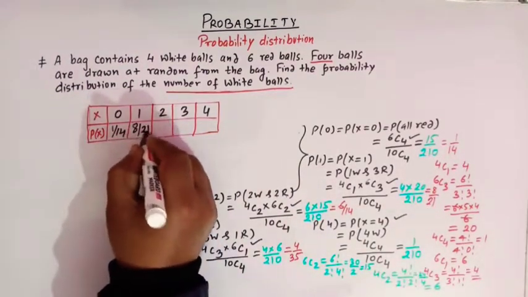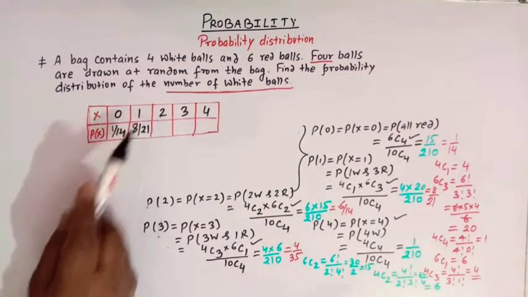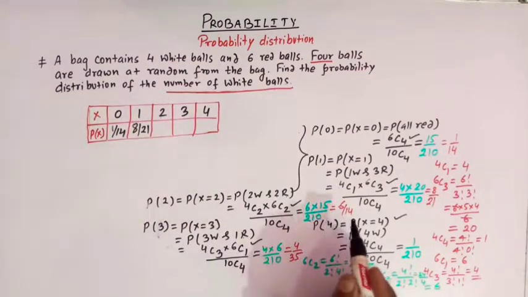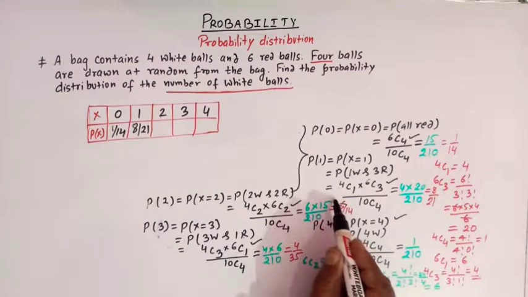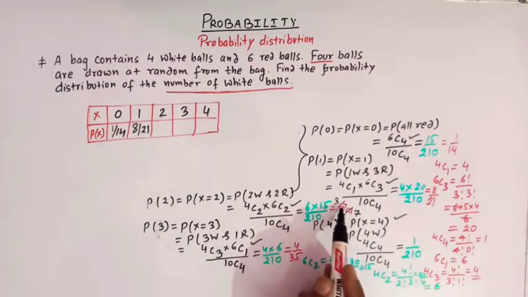21, and the probability corresponding to X is equal to 2 is 6 over 14, which can also be written as 2 3s are, this is 2 7s are, right? So either we can write 6 over 14 or 3 over 7.